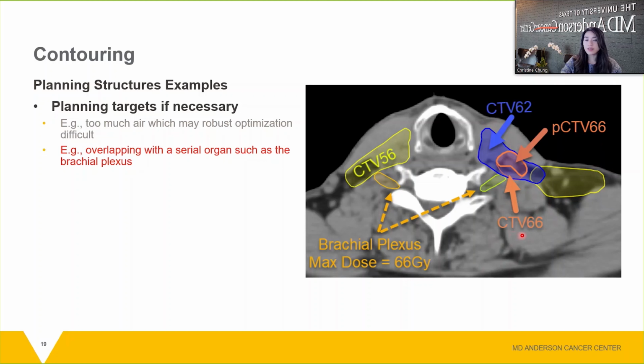In these cases, I put the target objective on the planning CTV. So this will be robustly optimized to 66. And this one, similar to before, will not have a robust constraint, but it will have one, but it'll just be a couple gray lower, maybe 2 gray, just so that you can still meet this max dose.